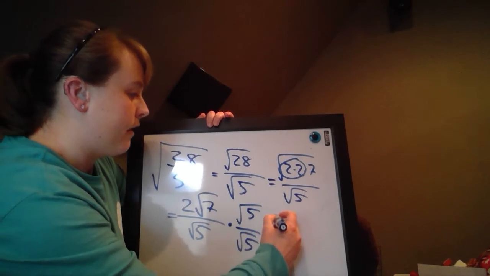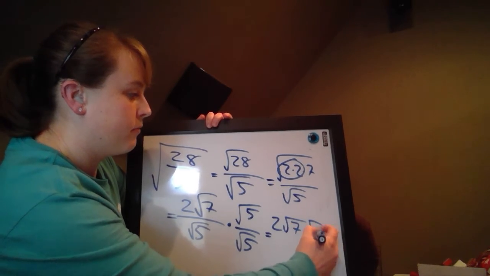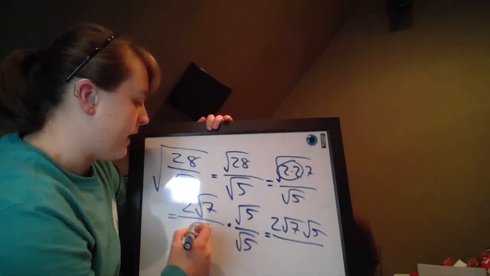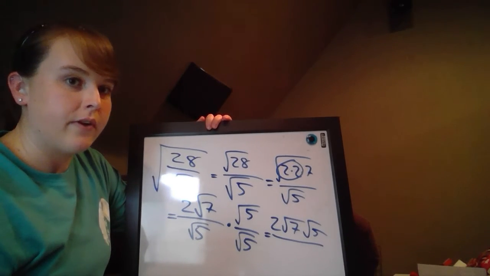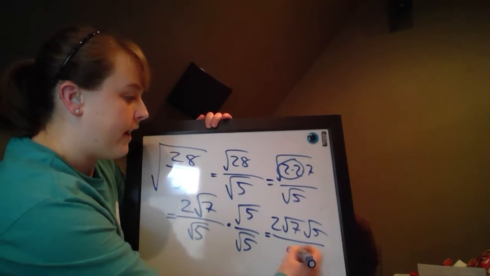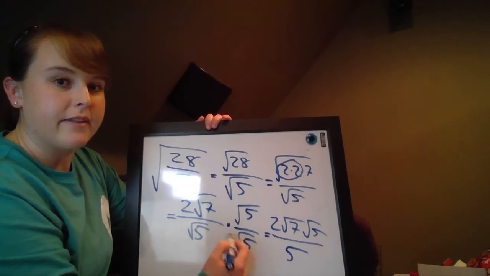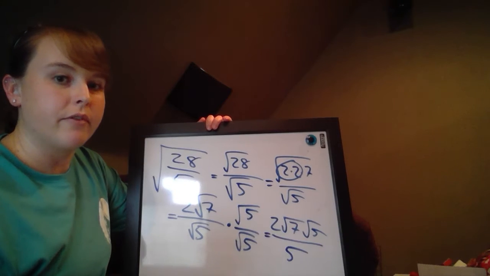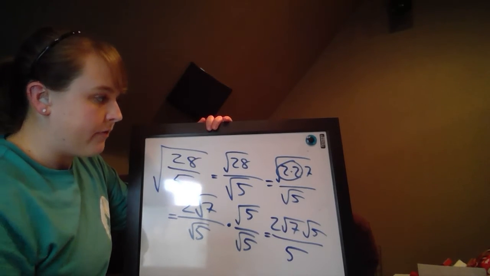On the top, we have 2 root 7 root 5. On the bottom, we have the square root of 5 times the square root of 5. And the square root of 5 times the square root of 5 is just 5. Anytime you take the square root of something times the square root of that same thing, the square root comes off. Okay, so now we're almost done simplifying.